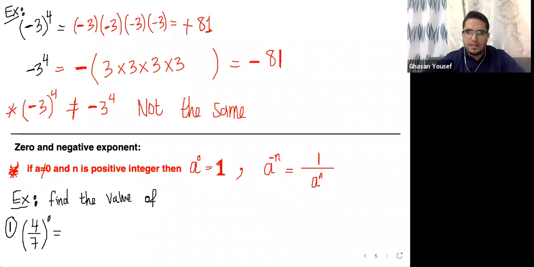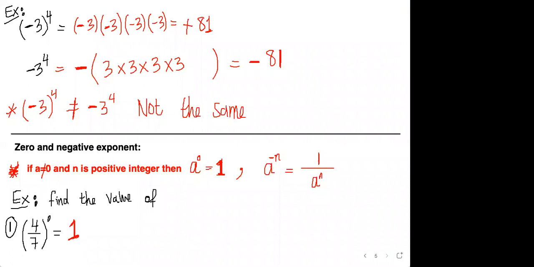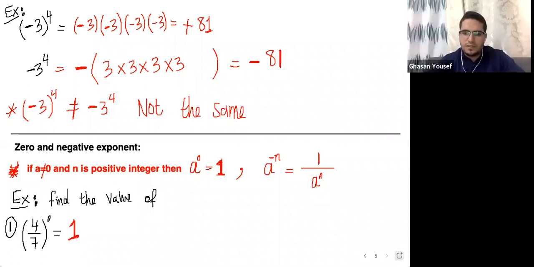Fractions, by the way, are rational numbers. So this is a rational number here, 4/7. To the power 0, it gives me 1 by using this property, the red one. So any number to the power 0 always gives me 1.